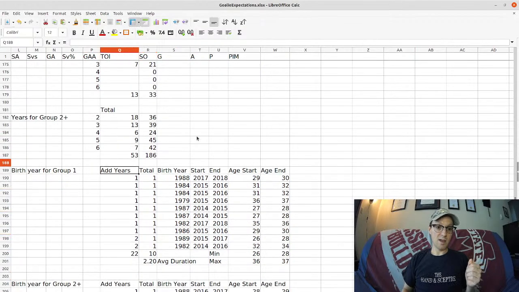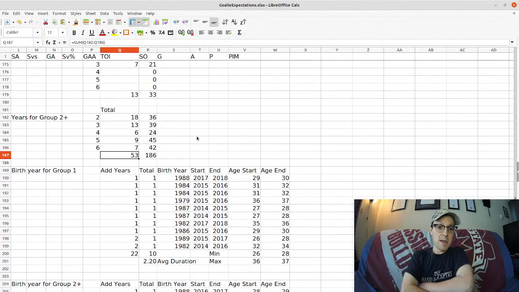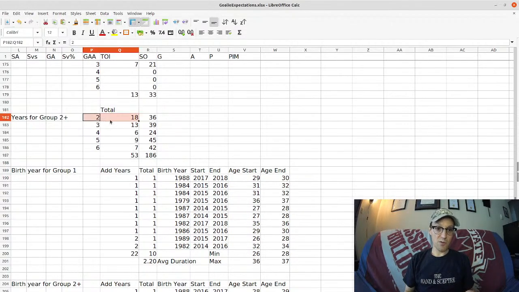So of those players, within that 6-year time frame, the goalies were able to do 2 of the 6 years.